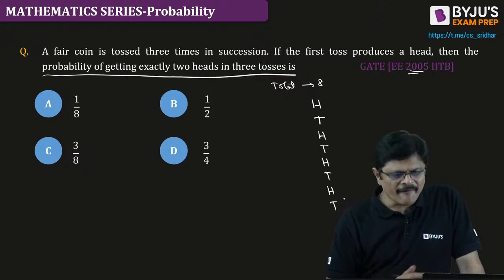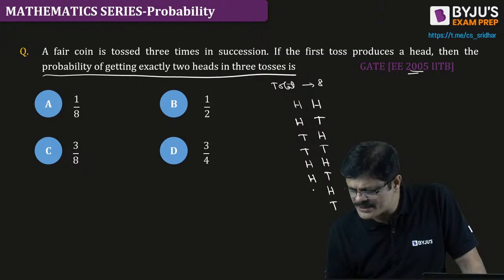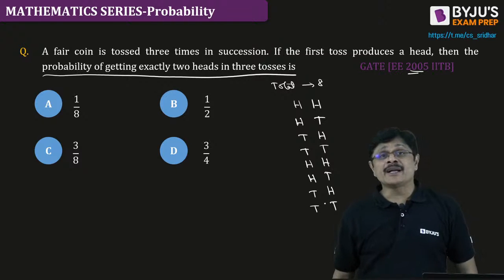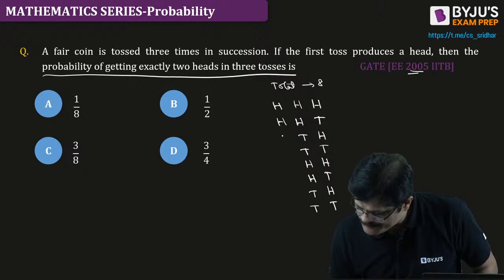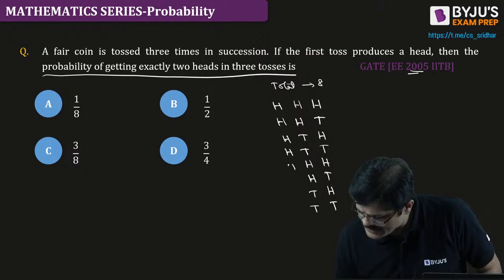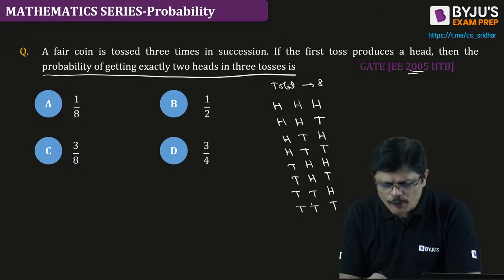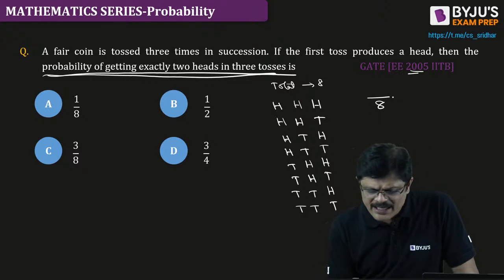Now double the number of heads and double the number of tails. 2 heads, 2 tails. 2 heads, 2 tails. Now again double: that is 4 heads and 4 tails.